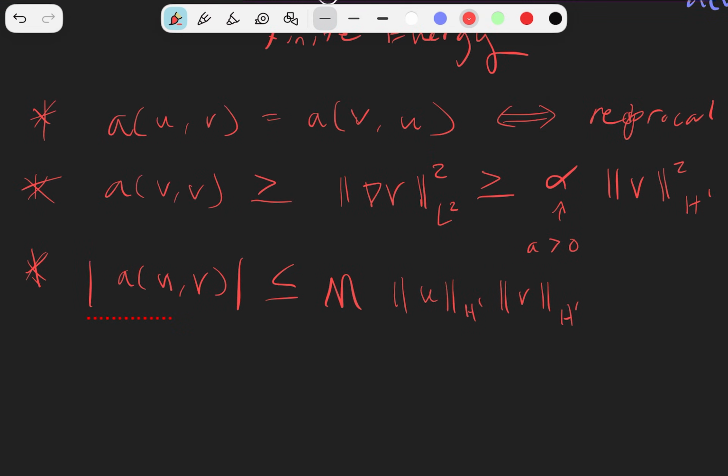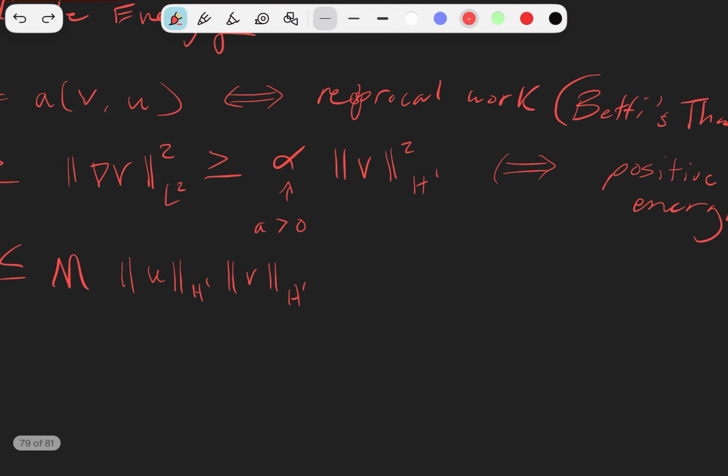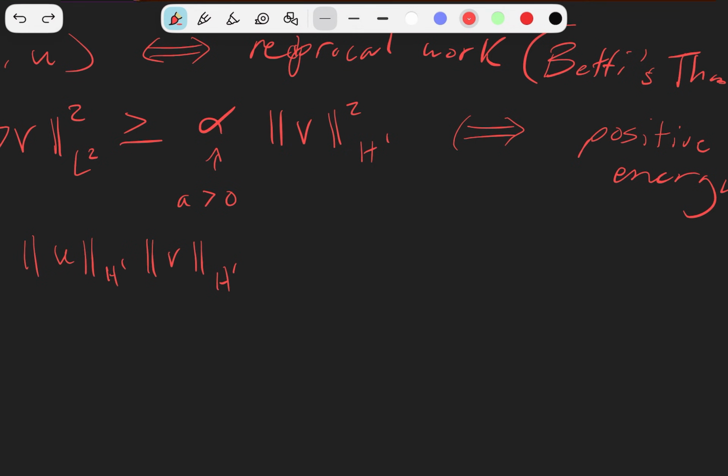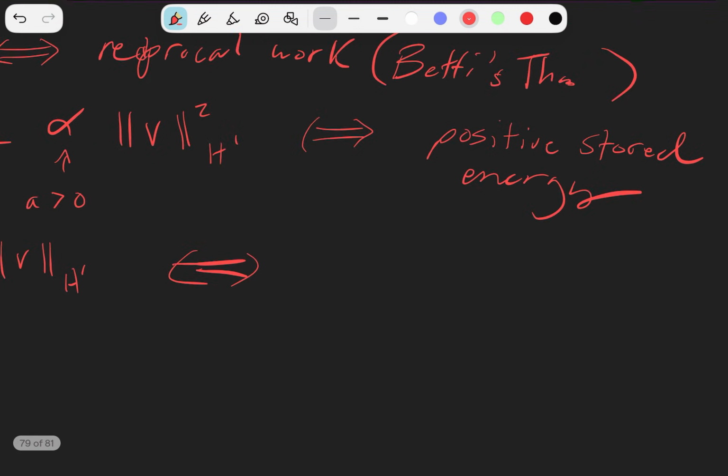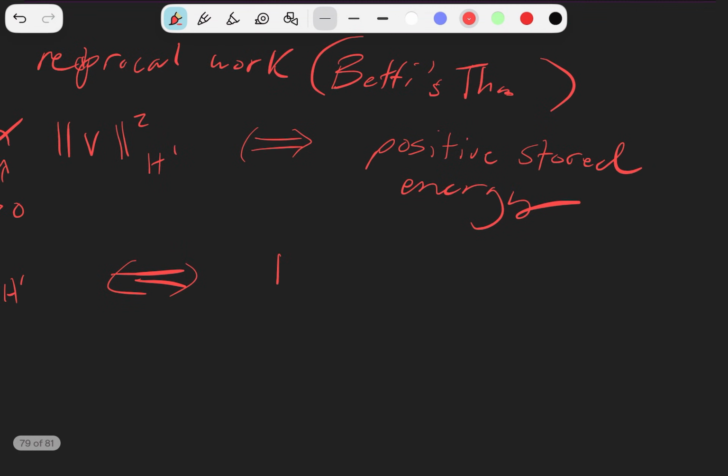And this M, again, is kind of like a delta epsilon type of bound. And this is, if and only if we have bounded energy exchange.